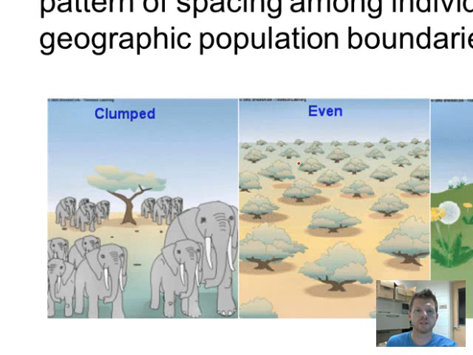Fourth characteristic here is population dispersion or distribution. This is the pattern of spacing among the individuals within a geographic distribution. First thing here, clumped. This is going to be most common. Clumped distributions can be due to pack hunting.